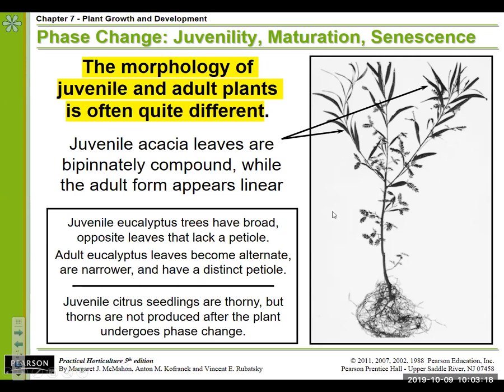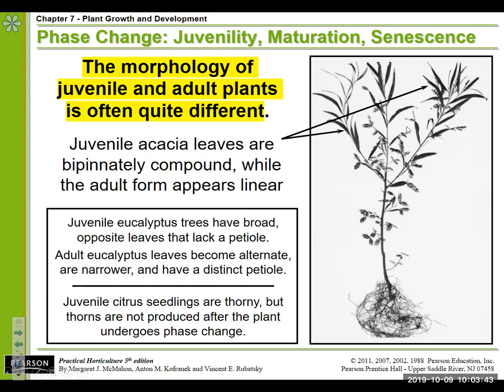So in this case, they're looking at an acacia plant, a desert tree. And in this case, the juvenile leaves here are bipinnately compound leaves, whereas when it becomes mature, the adult leaves are not compound and they appear to be linear.